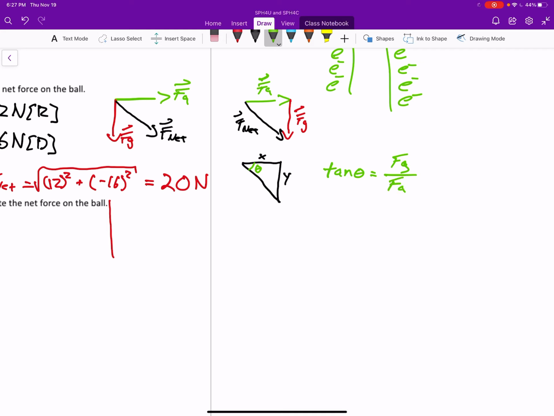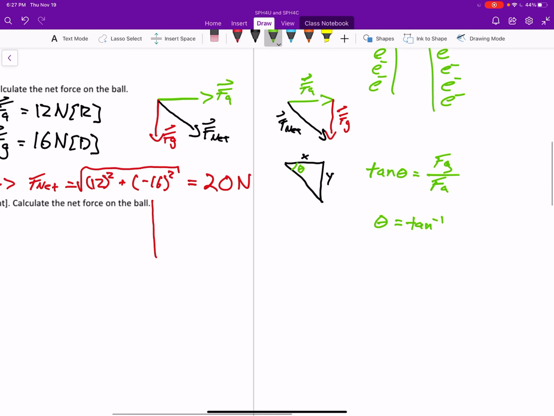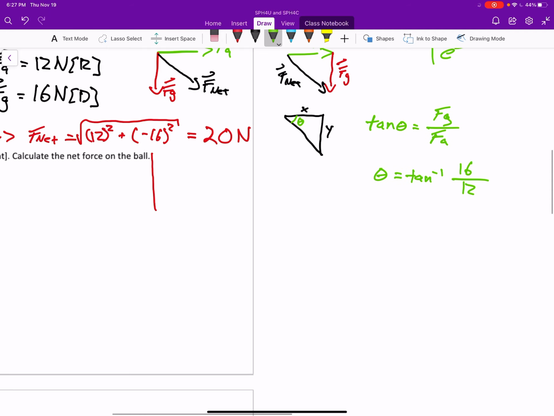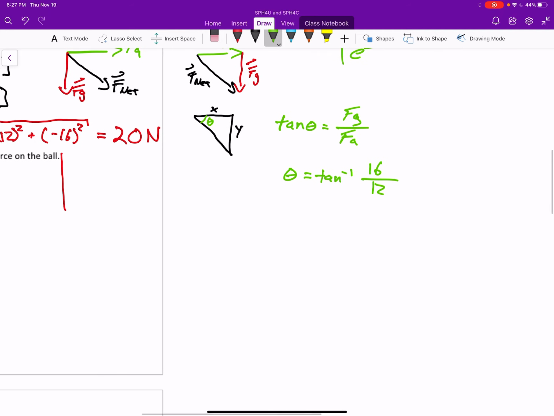The y over the x. So that means that theta will be equal to the tan inverse of gravity, which was 16, over 12. Which I can use my phone.